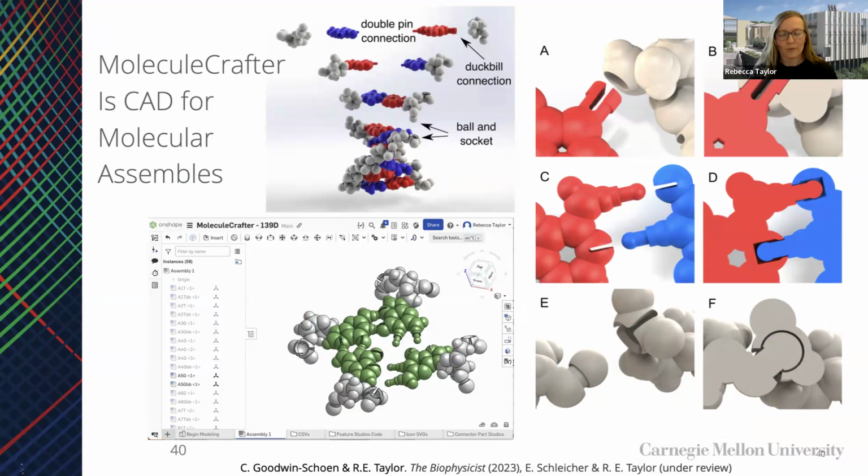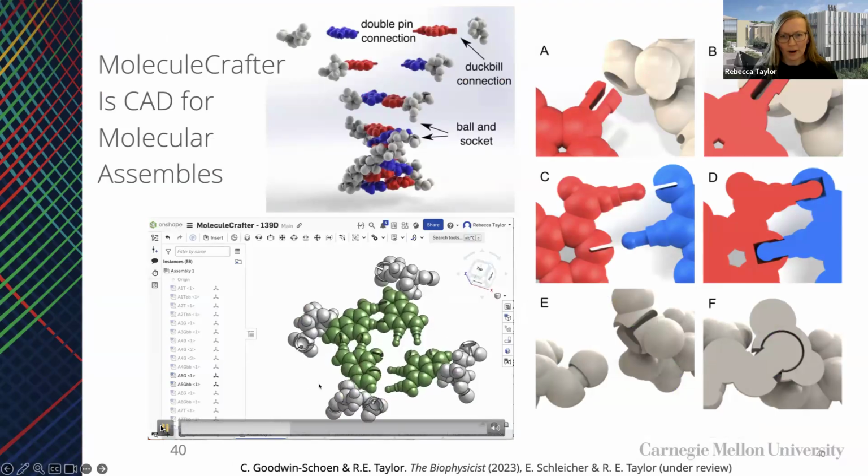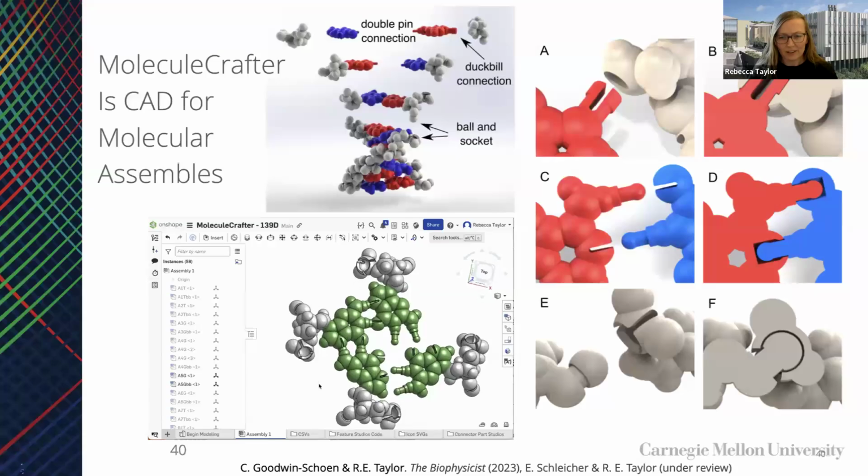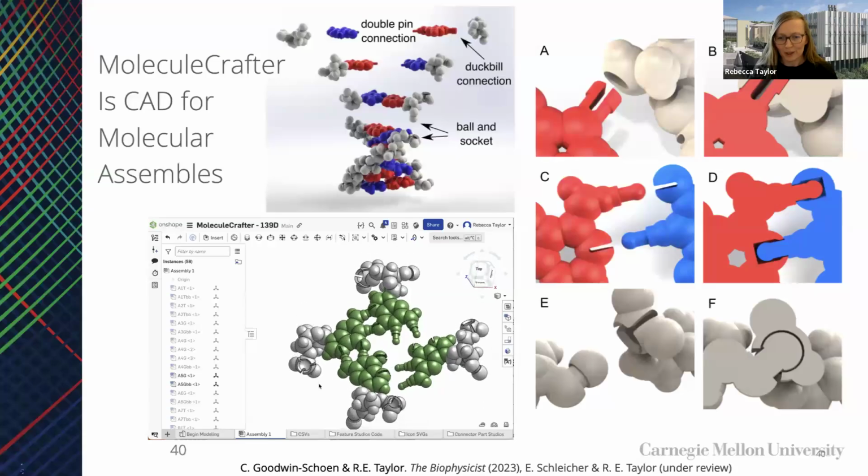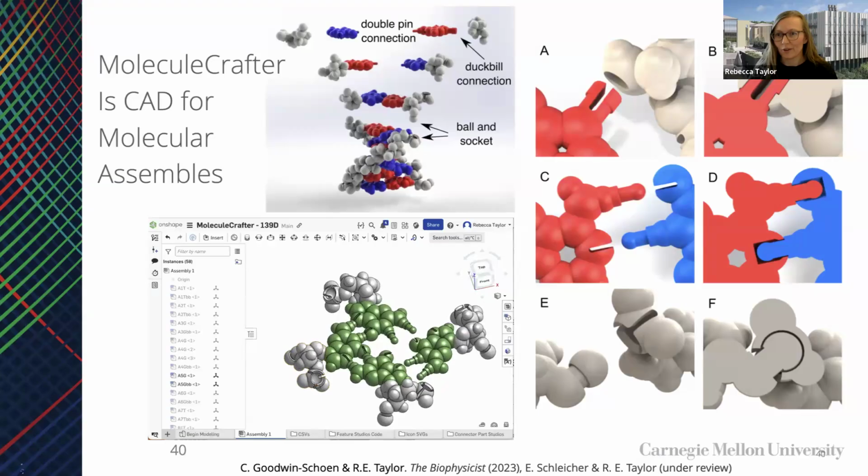And so this is where I would say everything in here is published with the exception of this work, where we've now made automated tools to help people make 3D printable molecular models. Because we think it's such an incredibly useful teaching tool, but also because it's essential for understanding how these systems actually come together, particularly if you're working with something like PNA, which is going to be constrained in ways you didn't expect, right?